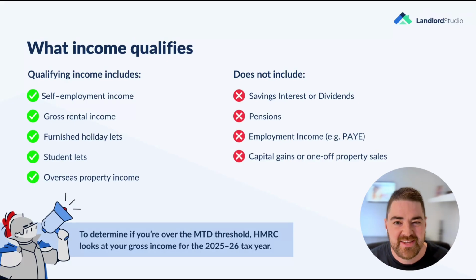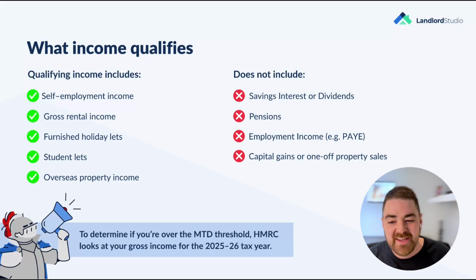MTD's actually been in the pipeline for about 10 years. It's been delayed several times. And experts are estimating that this will have cost the government about £1.3 billion by 2027. But the government has cited a number of reasons for this change, core one being closing the notorious tax gap, that £46 billion that they're estimating.